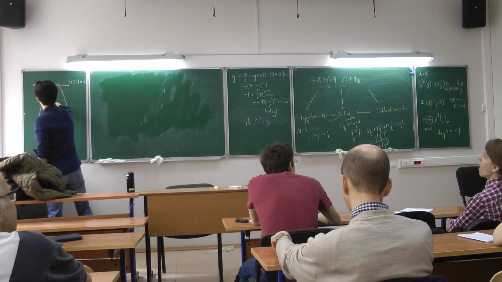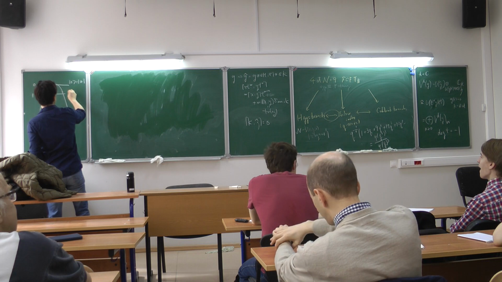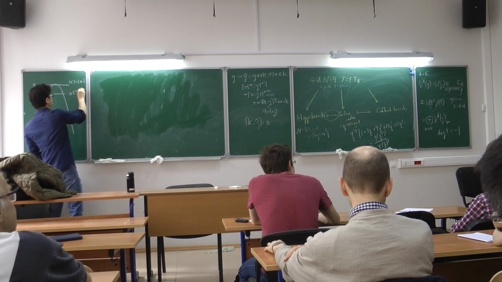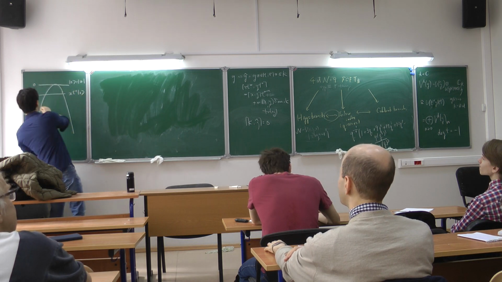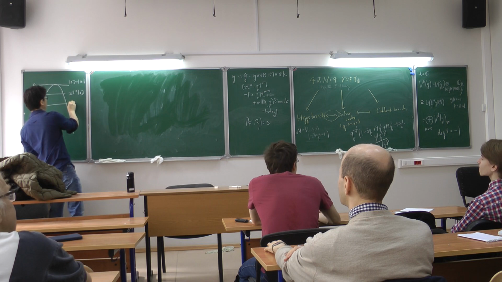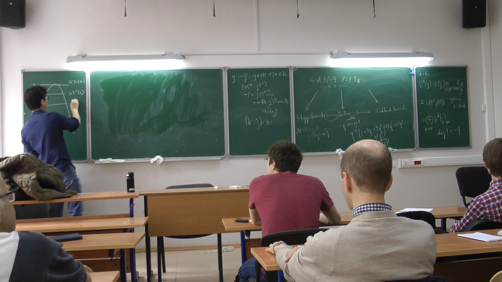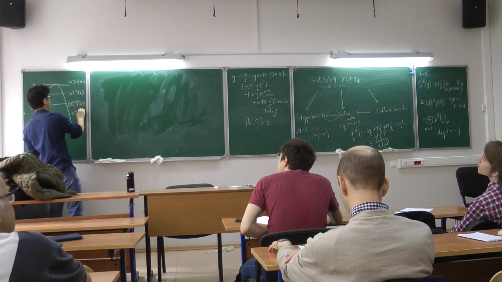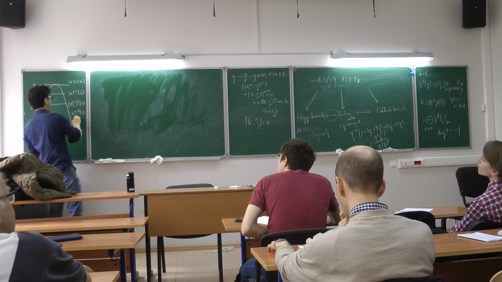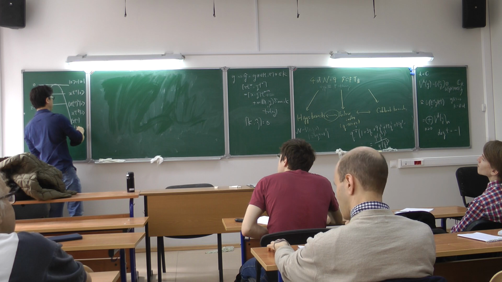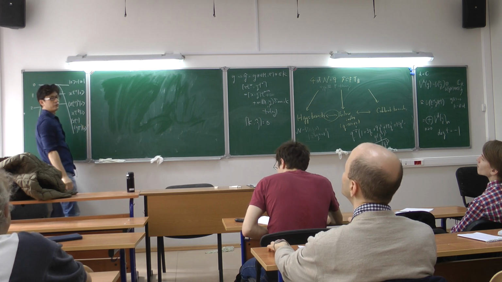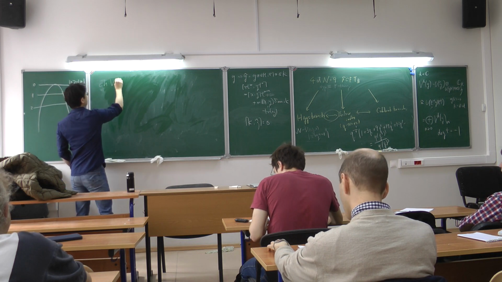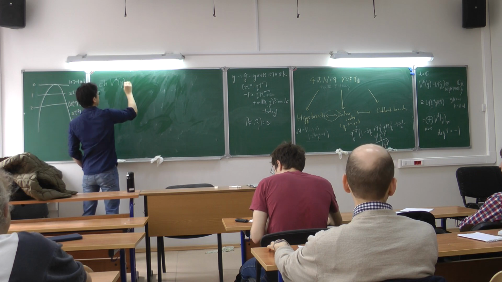In degree 1, we have this kind of vectors. And in degree 2, we have this kind of vector, and this kind of vector, and this kind of vector.